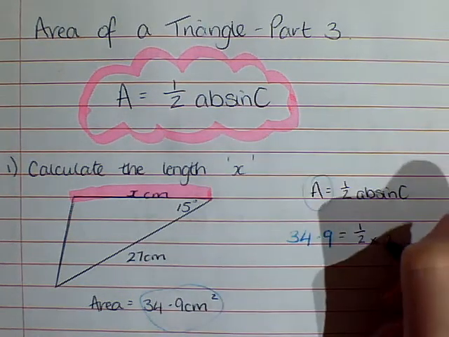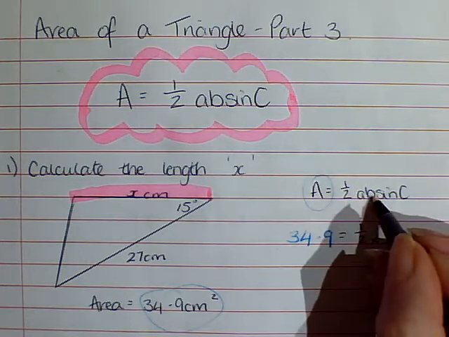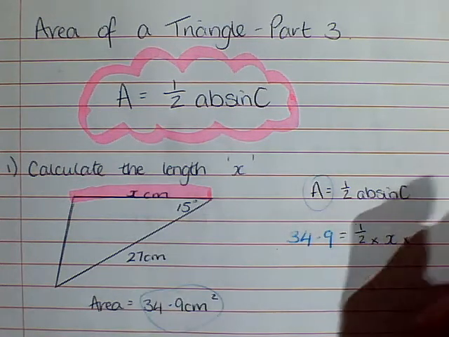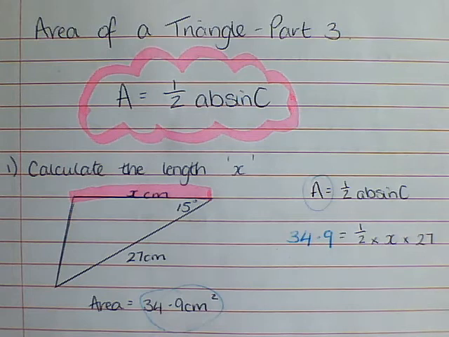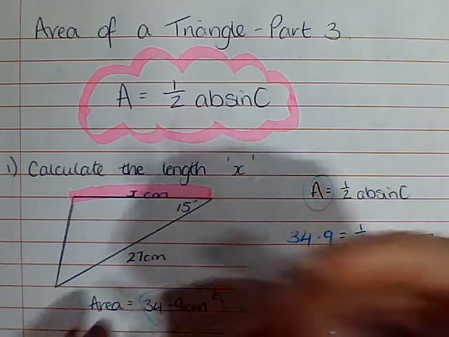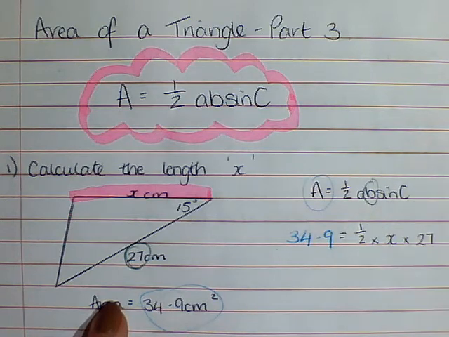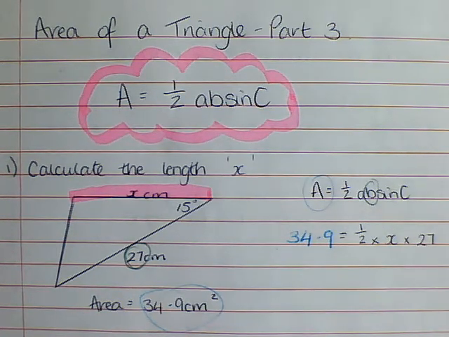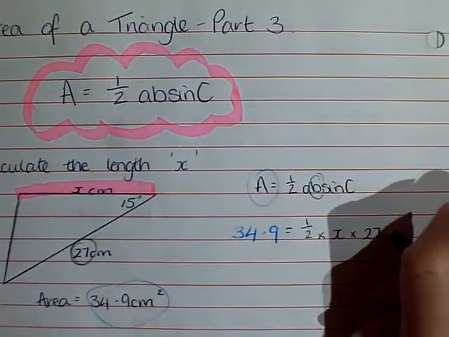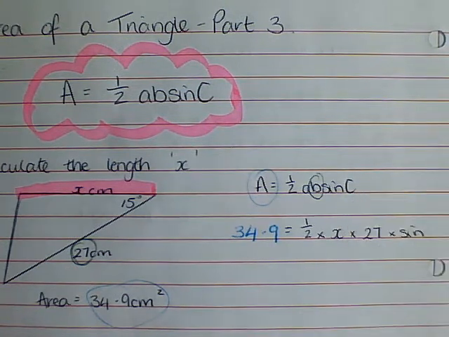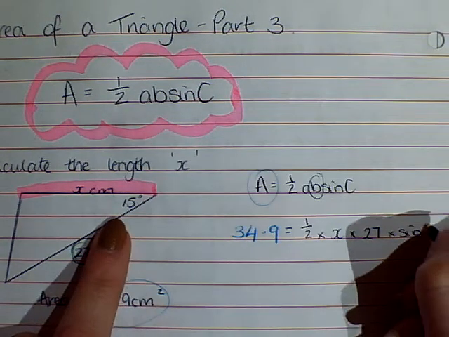So we could call it x times B, which is the other length, 27. Okay, so this 27 is my B and I've popped it in there. And we're going to times by sine the angle, which is 15.